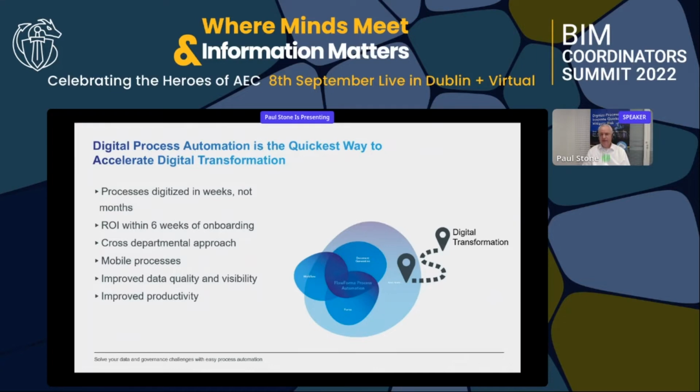It can be done in a very scalable way as well. You can start very small by digitizing a few of your processes and then gradually increase that over time to have more wide-scale adoption. Processes can be digitized in weeks rather than months, and typically people see an ROI within 6 weeks of embarking on their digital process automation project.